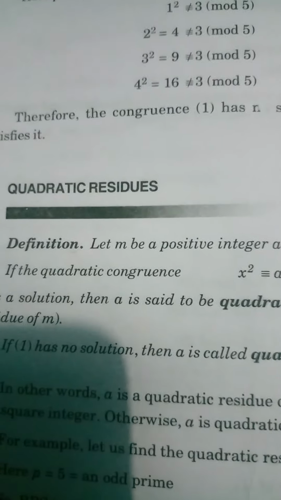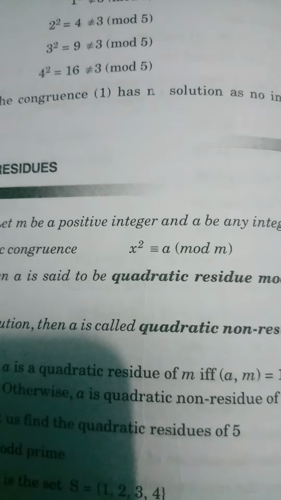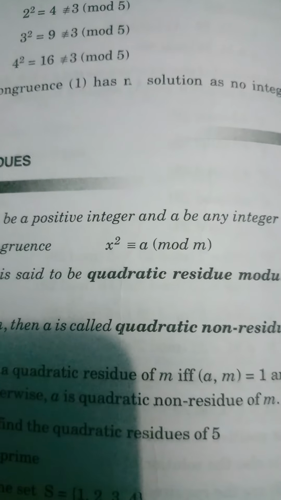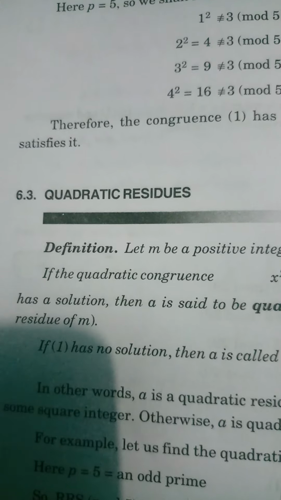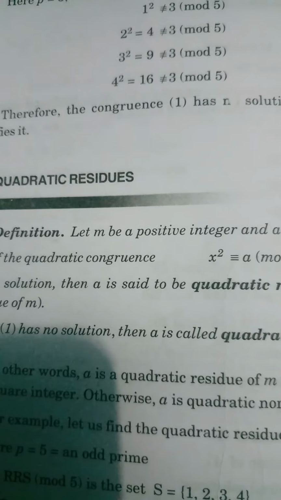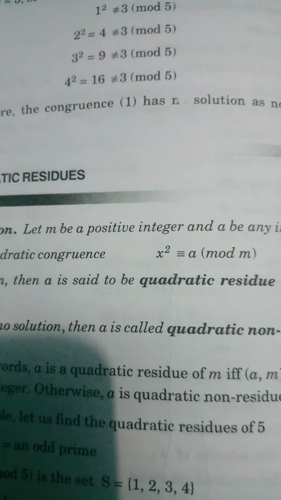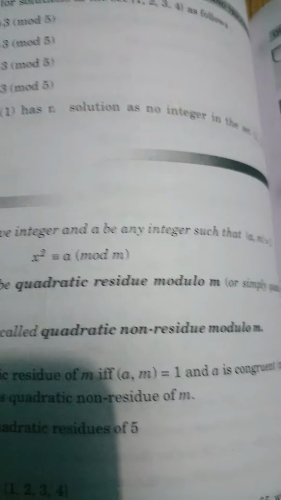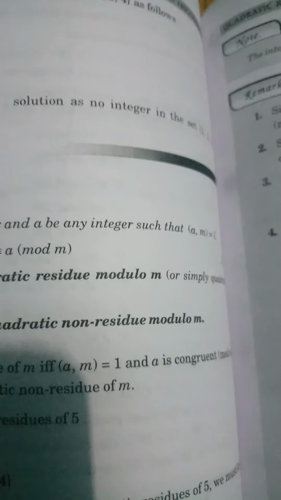If the quadratic congruence x square congruent to a mod m has a solution, let m be a positive integer and a be any integer, zero, positive, or negative, and a and m are coprime.